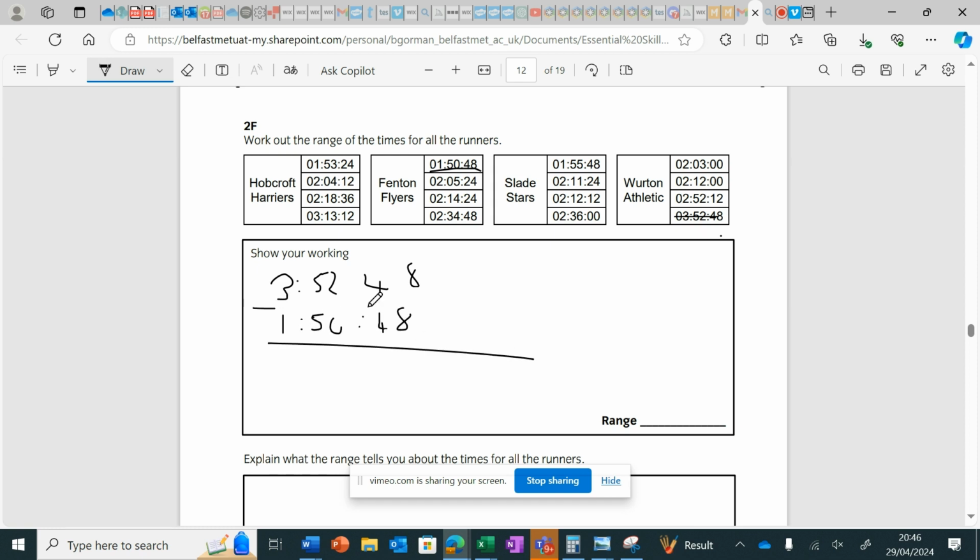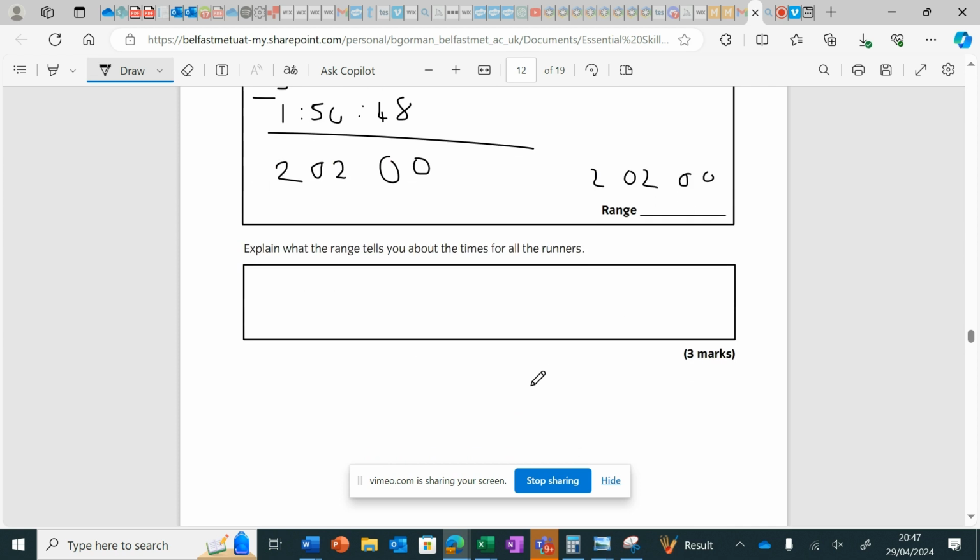So take one away from the other. 48 take away 48 is easy, 0, 0. 52 take away 52, 0, 0. 2 take away 0 is 2. 5 take away 5 is nothing. 3 take away 1 is 2. And we write it like that, like a time. So it's 2 hours and 2 minutes.